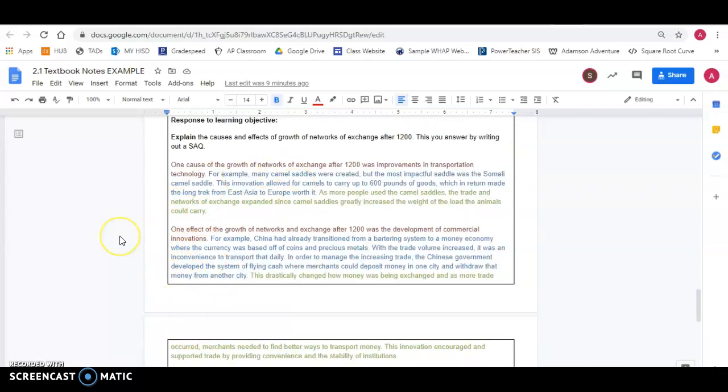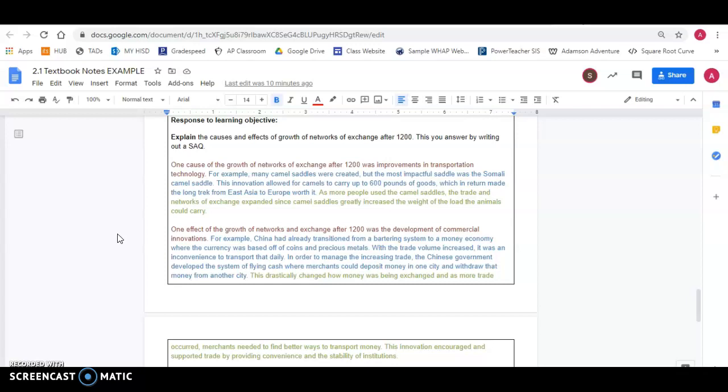And my SAQ for the effect. One effect of the growth of networks of exchange after 1200 was the development of commercial innovations. For example, China had already transitioned from a bartering system to a money economy where currency was based off coins and precious metals. With the trade volume increased, it was an inconvenience to transport that daily.